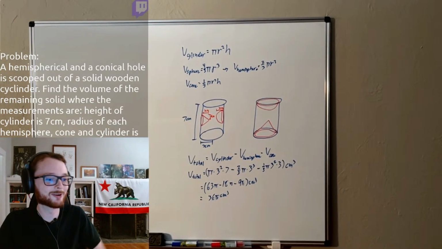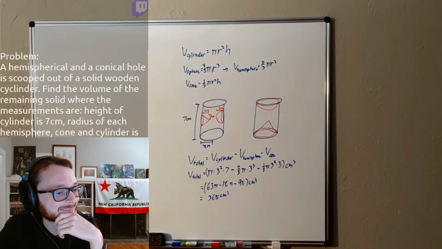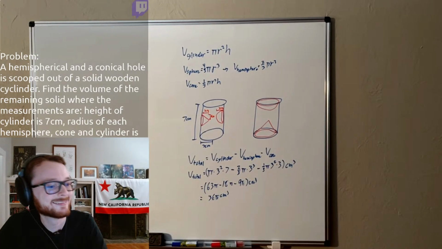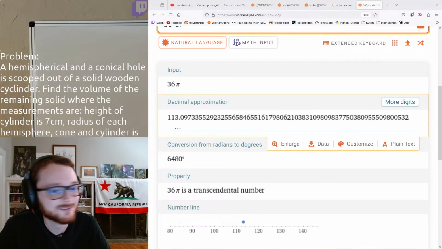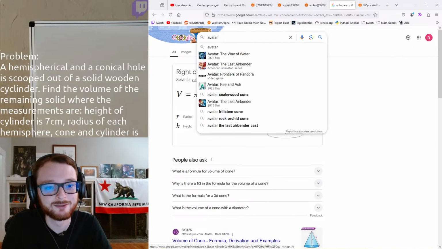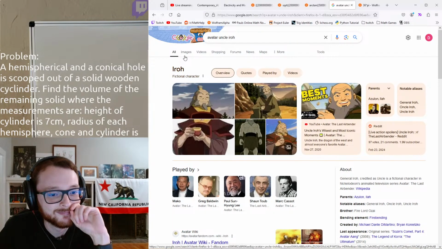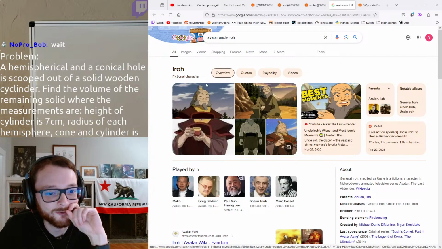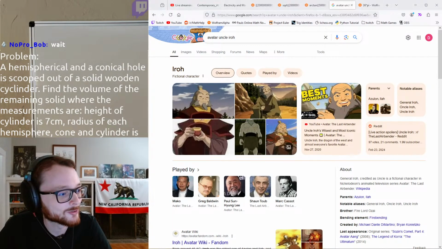Draw Uncle Iroh. Oh. Okay. Let's get a reference picture. Wait. Okay. Uncle Iroh is one of the best characters in this. Use your Discord profile picture as a reference.